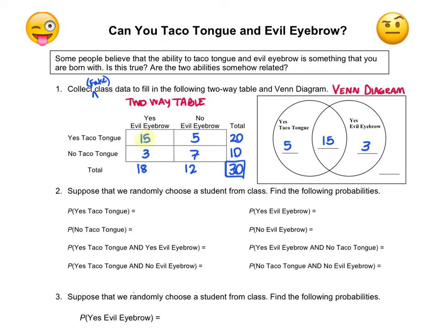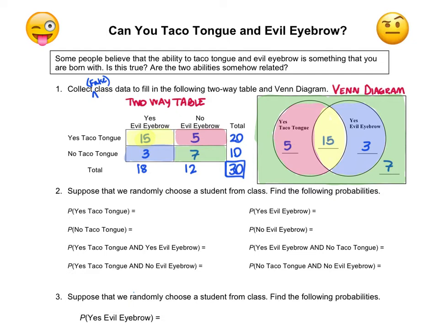The neither category, which goes outside the two circles, is 7. Those are the people who cannot do taco tongue and cannot do evil eyebrow. You'll notice that there are 4 areas in the Venn diagram, and those 4 areas correspond to the 4 cells in the two-way table.